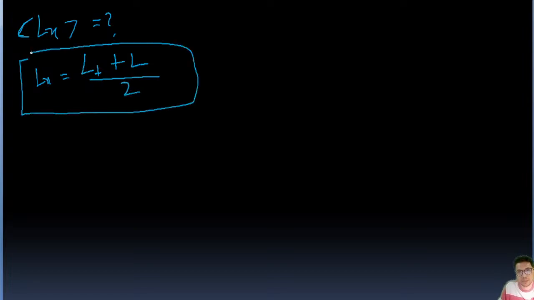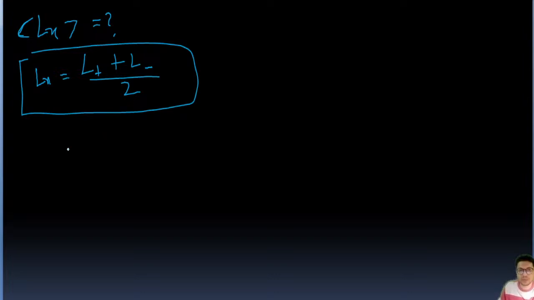So you need to find out Lx. How to find out? Okay, so we know the value of Lx is L plus upon L minus by 2. This is the formula we know. Okay, Lx value is L plus minus L minus by 2.